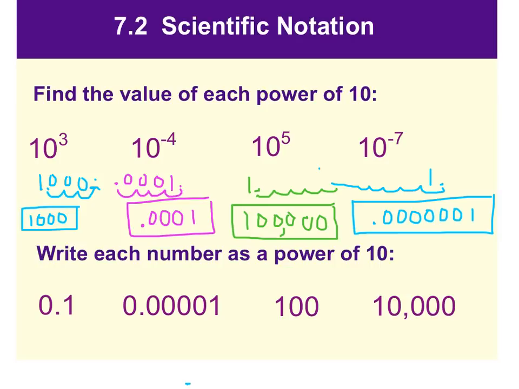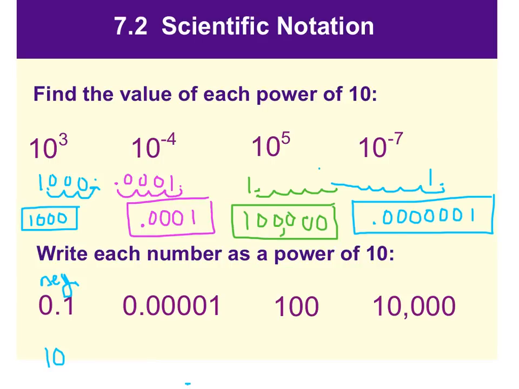All right, so now when you write each number as a power of 10, you just want to figure out what should your exponent be. So this is going to be 10 to some power. Now because it's a decimal, that means that we want a negative exponent because small decimal numbers get negative exponents.